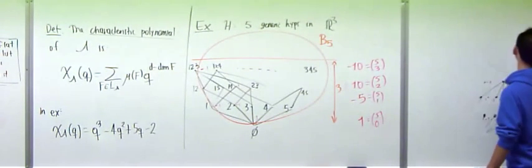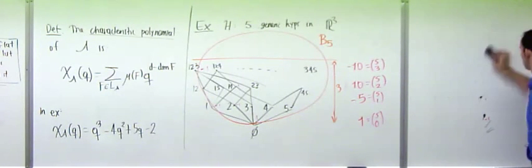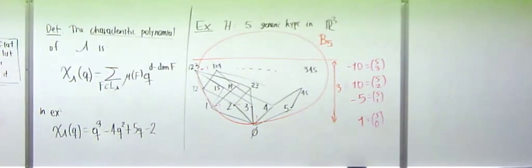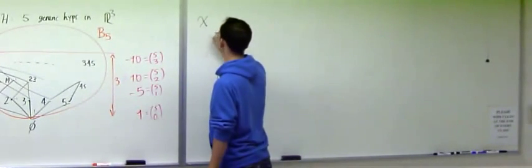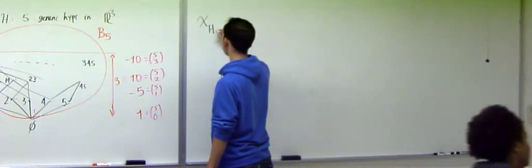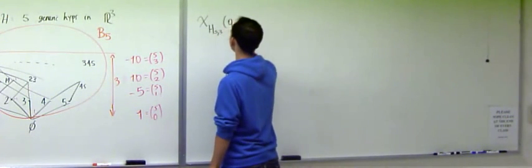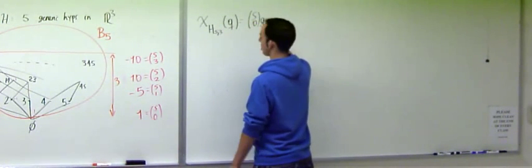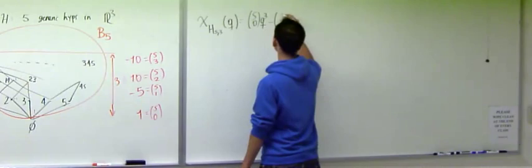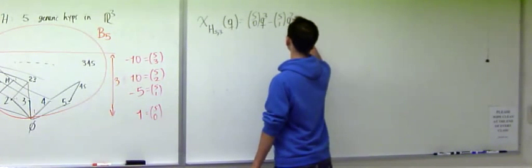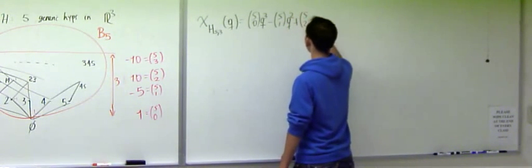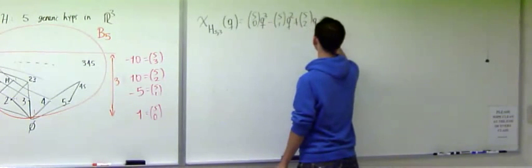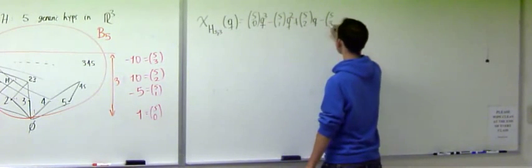And so what I get is that the characteristic polynomial of this arrangement, which maybe I'll call h5,3, is 5 choose 0 q cubed minus 5 choose 1 q squared plus 5 choose 2 q minus 5 choose 3.